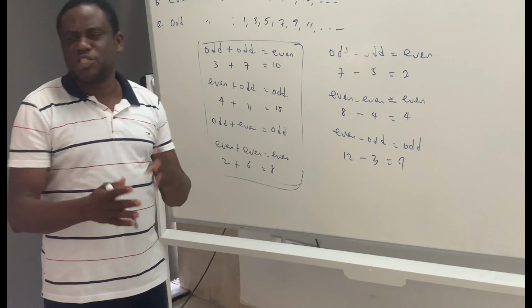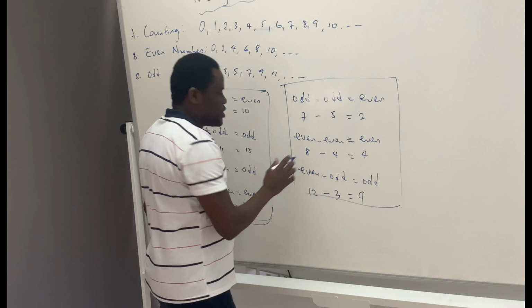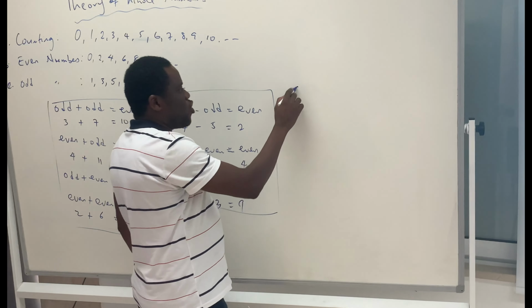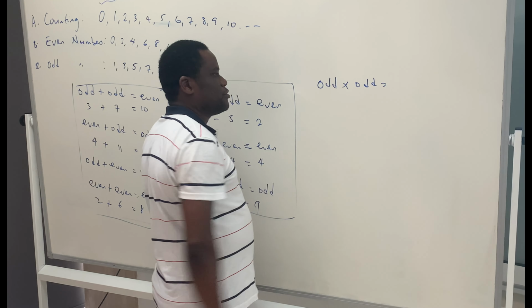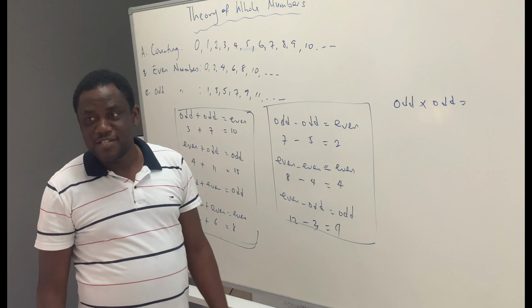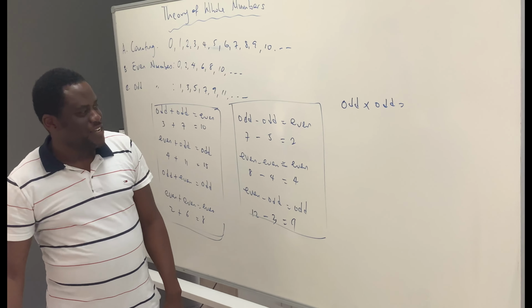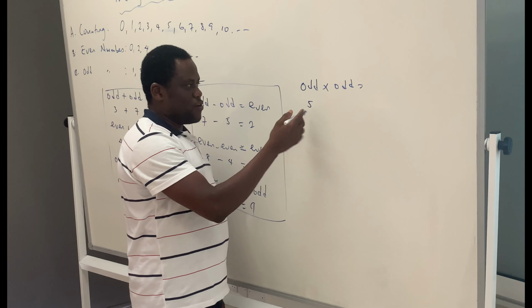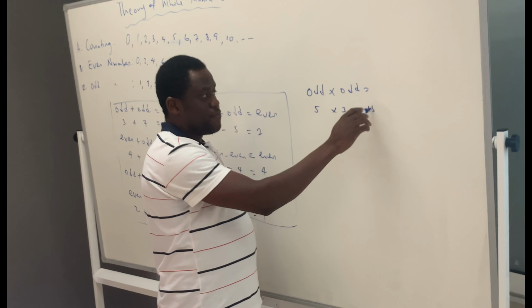A lot of multiplication. Property under multiplication. What is odd times odd? Odd times odd is what? Let us use numbers to check. Let's say we have 5. It's odd. Times 3 is odd. 5 times 3 is what? 15.